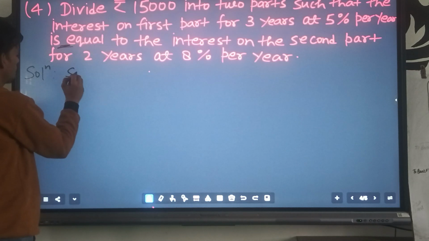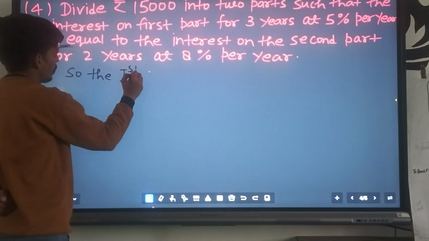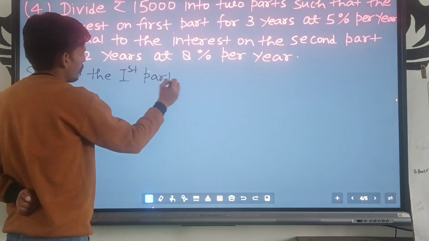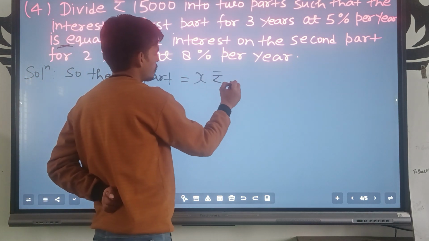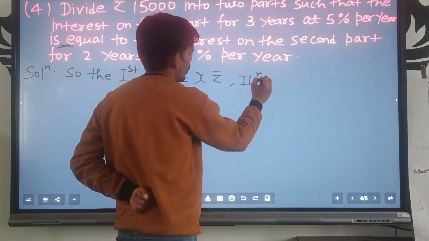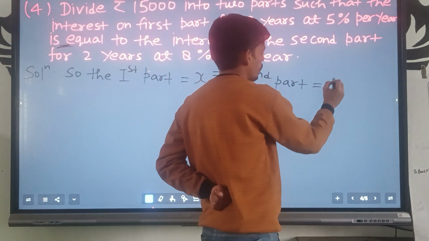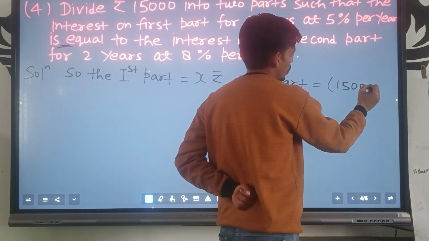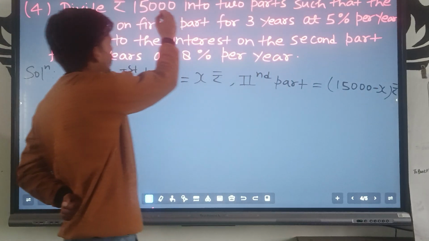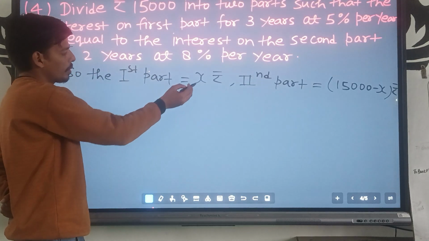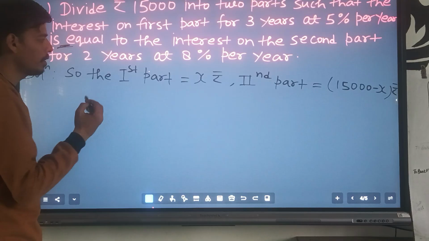So the first part we will take as x rupees, and the second part we will take as 15,000 minus x rupees, because the total value is 15,000 and after adding, x cancels and our final value is 15,000.